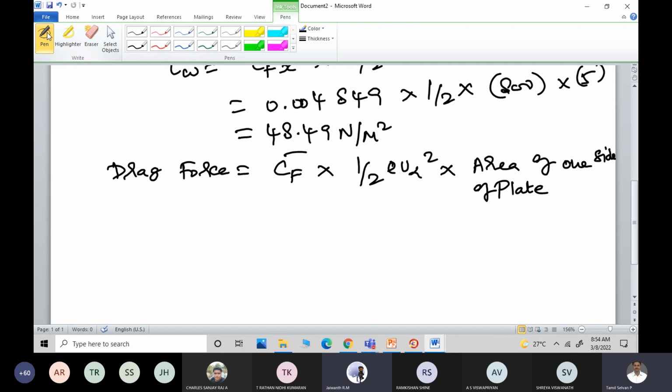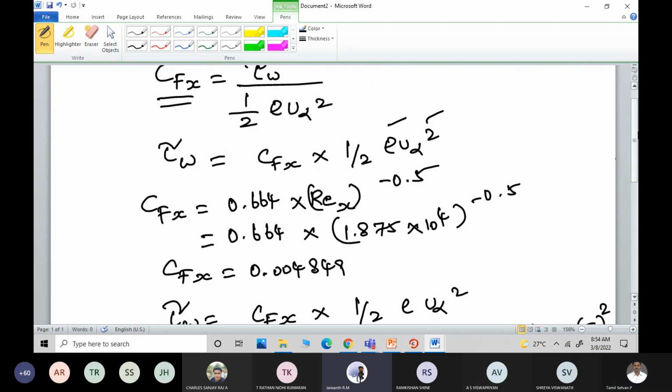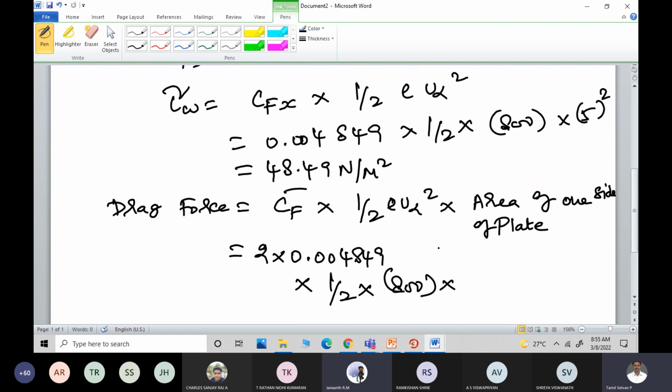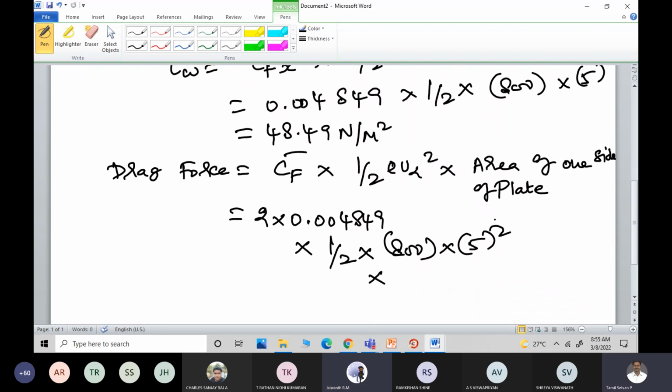So you can multiply this value, 0.004849, by 2, into half, into again the rho value of 800, u infinity 5 whole squared, into the area of one side of the plate.